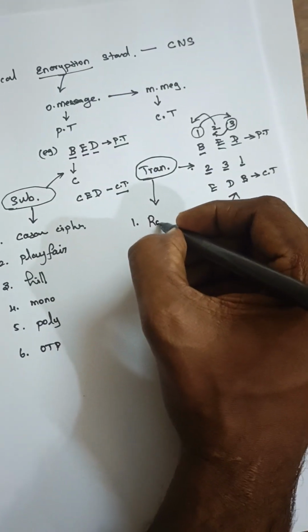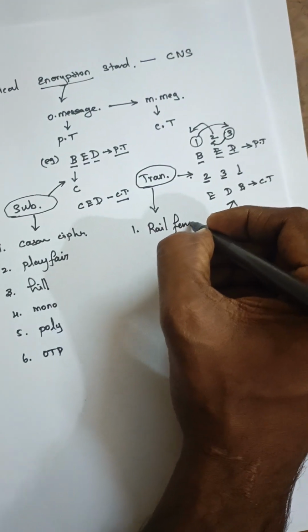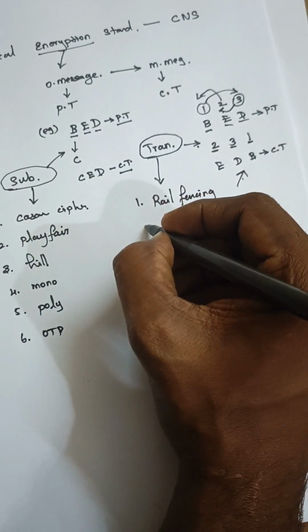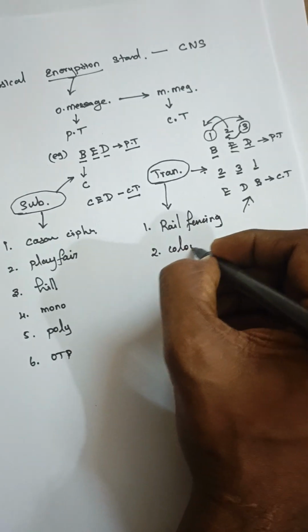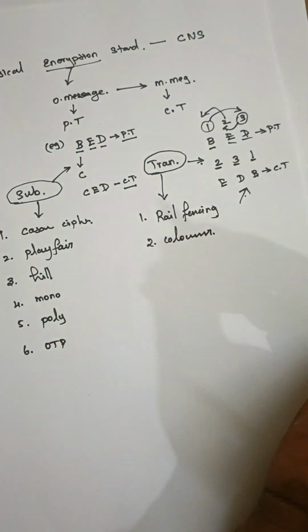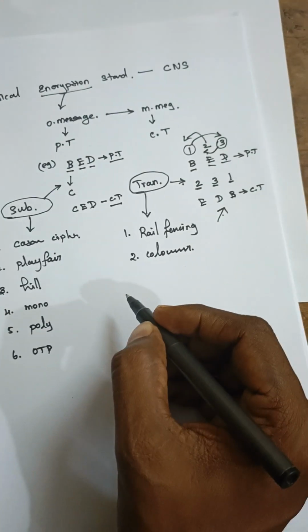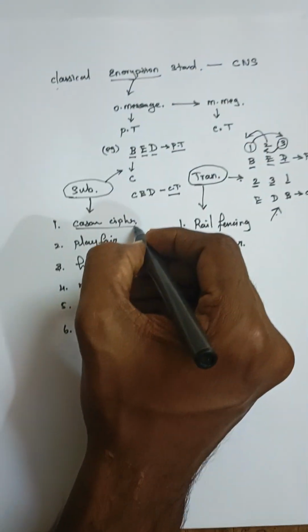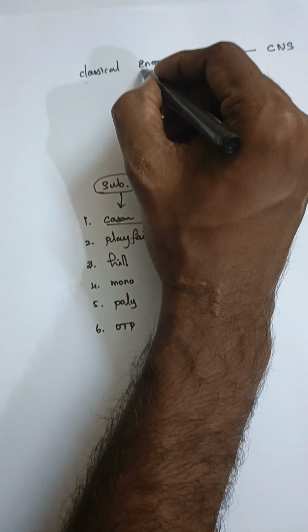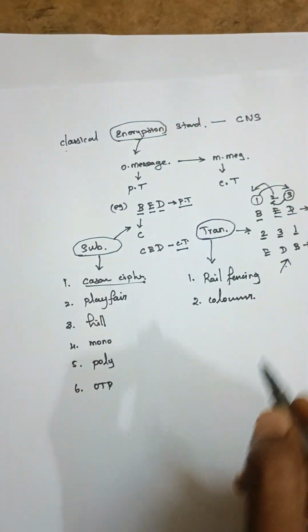One is the rail fence method, second one is the columnar method. Okay, here we are going to check Caesar cipher. But before going into that, let us elaborate on encryption.